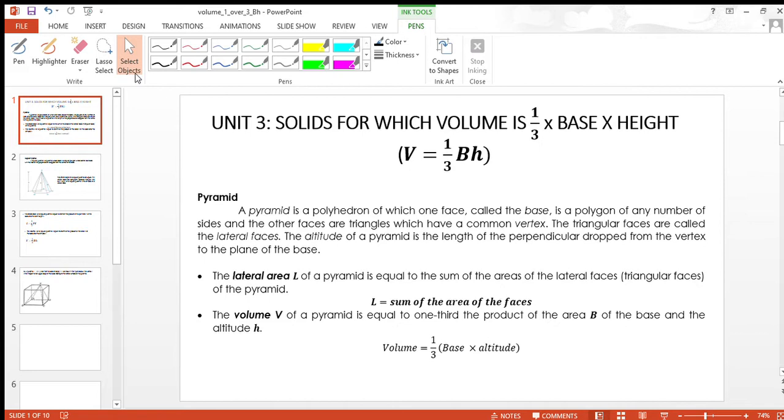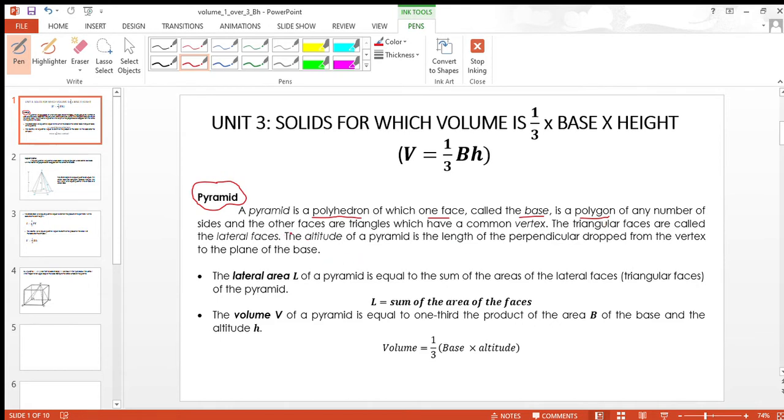So for today, we will be looking at solids wherein the volume is equal to 1/3 base times height. And for this particular unit, we will be concentrating on the pyramid. A pyramid is defined as a polyhedron. One face, which is called the base, is a polygon, and this polygon can have any number of sides.